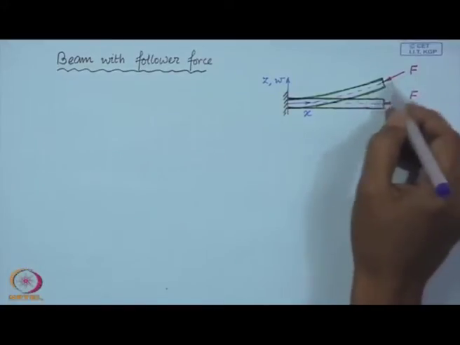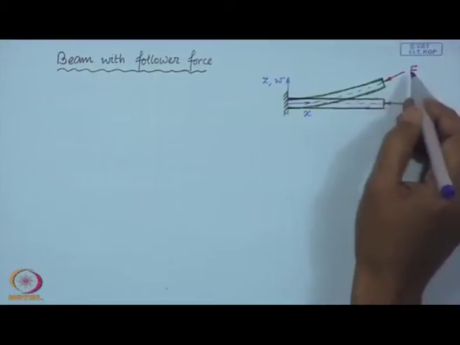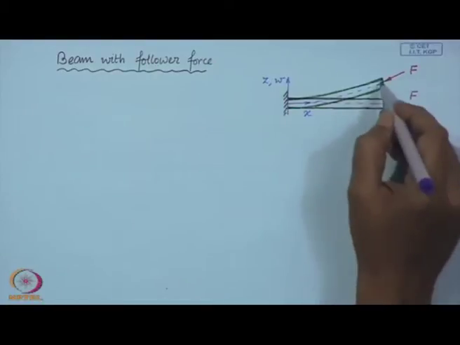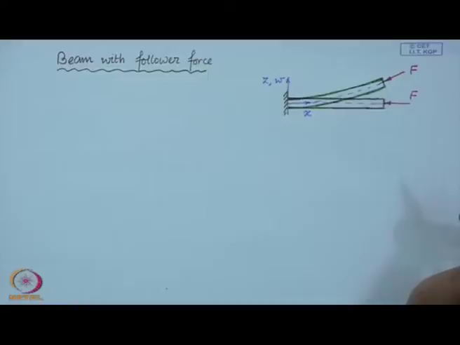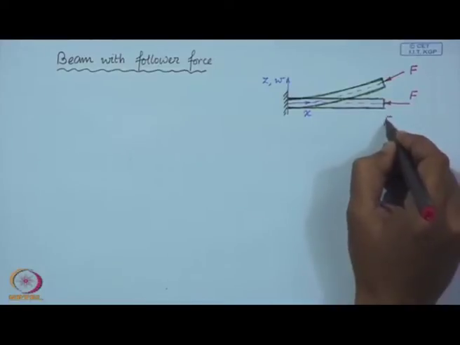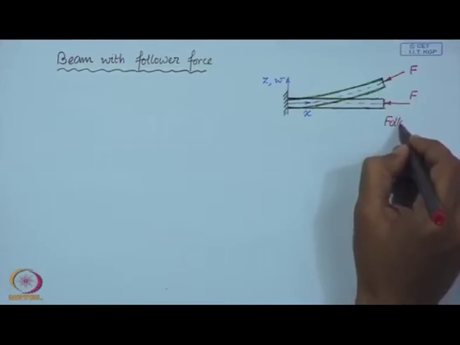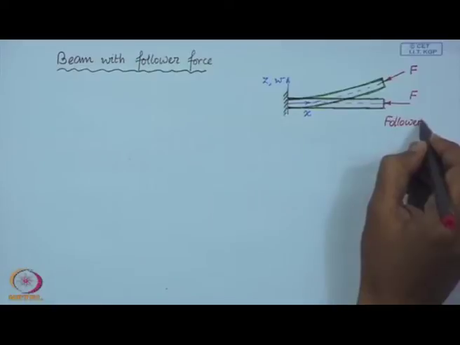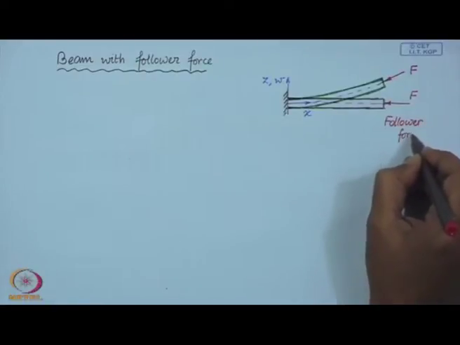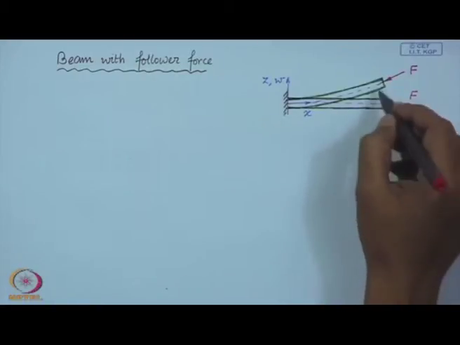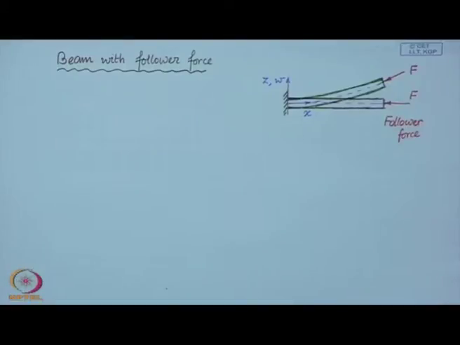So, it is always going to be tangent to the center line or the neutral fiber of the beam at the free end. Such a force is known as a follower force. So, it follows the tangent to the neutral fiber or the center line of the beam.